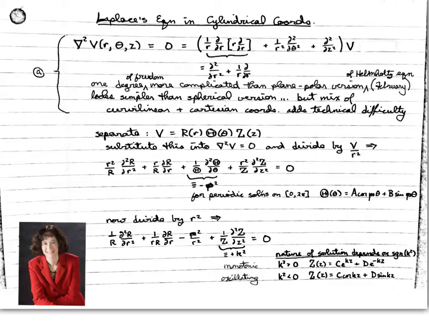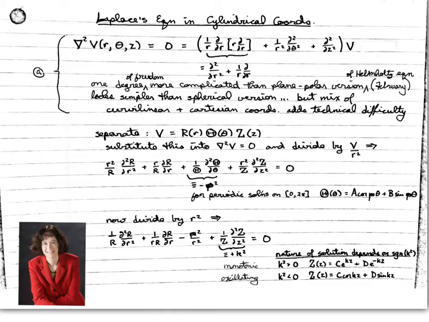And now we see that there are two different ways the solution could appear. If k squared is a positive number, then this little differential equation in z will have a monotonic solution, a solution in terms of purely growing and purely decaying real exponential functions of z.